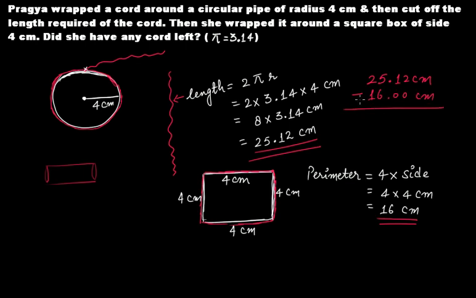If you want to calculate it, you can calculate. 25.12 centimeter minus 16 centimeter gives you 9.12 centimeter. This is the length that will remain left if you wrap it around the square box, right?